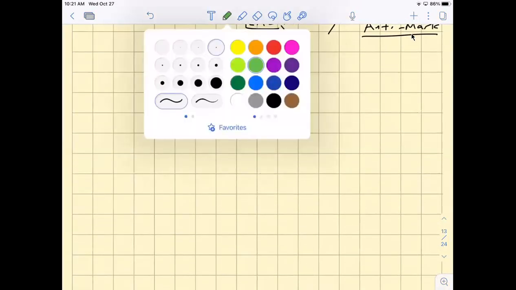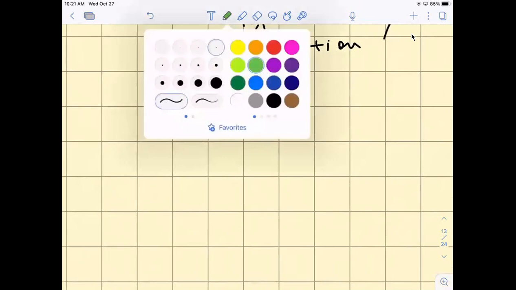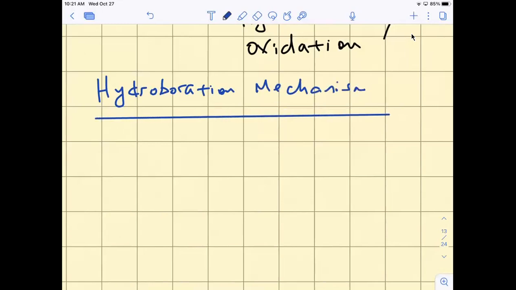So let's start with hydroboration because we can use the mechanism to explain why it's anti-Markovnikov, right? So the first thing that happens in this reaction is you have your boron and your alkene here, right?